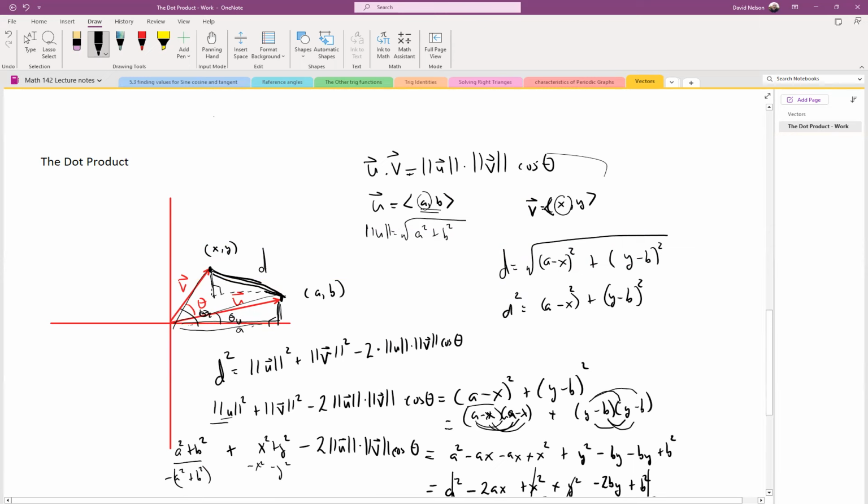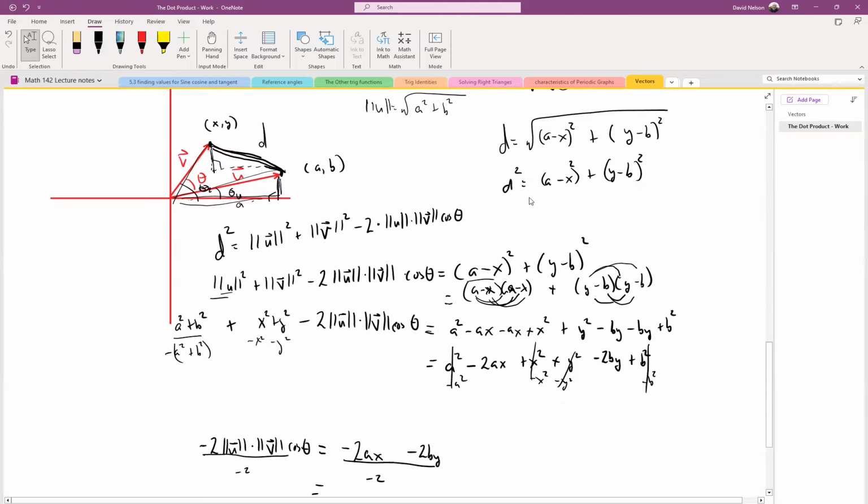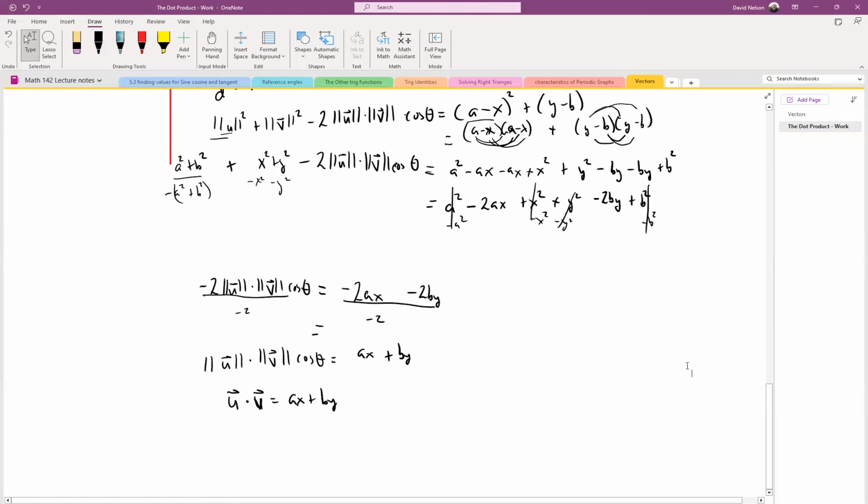So I'm going to do a times x and b times y, add those together, and that will give you the dot product. So we've got two ways to calculate the dot product. If it's in component form, u dotted with v is ax plus by. And if I have magnitudes and an angle, it's the magnitude of u times the magnitude of v times the cosine of the angle in between the two.